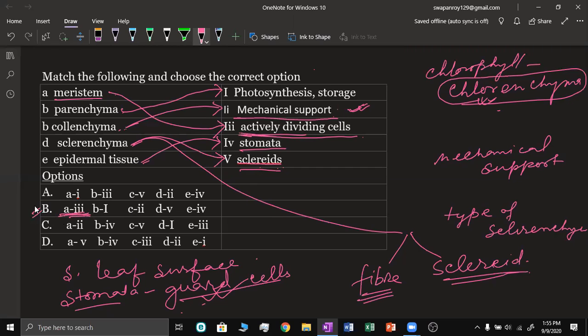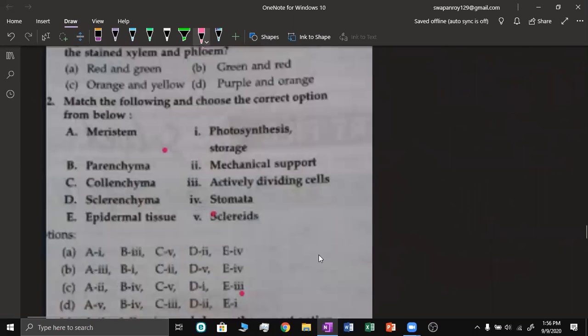So ultimately this will be the answer, not this, not this, not this, because A, meristem is not matching with sclerid, meristem is not matching with photosynthesis or with mechanical tissue. Okay, so our answer is option B. So if you have an idea of at least one or two of these, then you can match these things. Next, we will go for another matching.